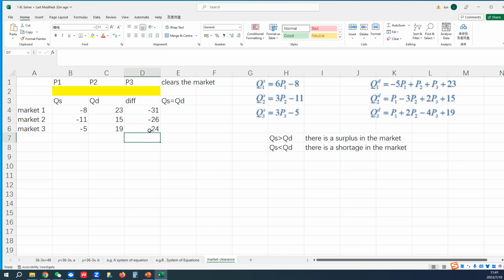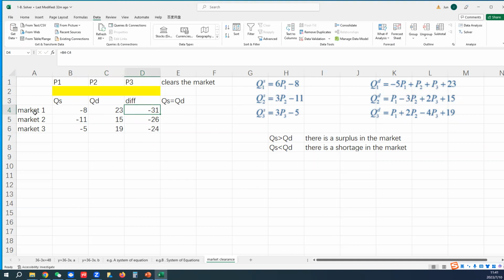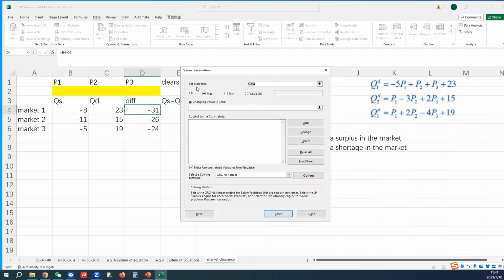So what do we do here? Then what we need is make sure that all the 3 markets hold at the same time. So we need to add a constraint, because without constraint, you can only do one objective at one time.